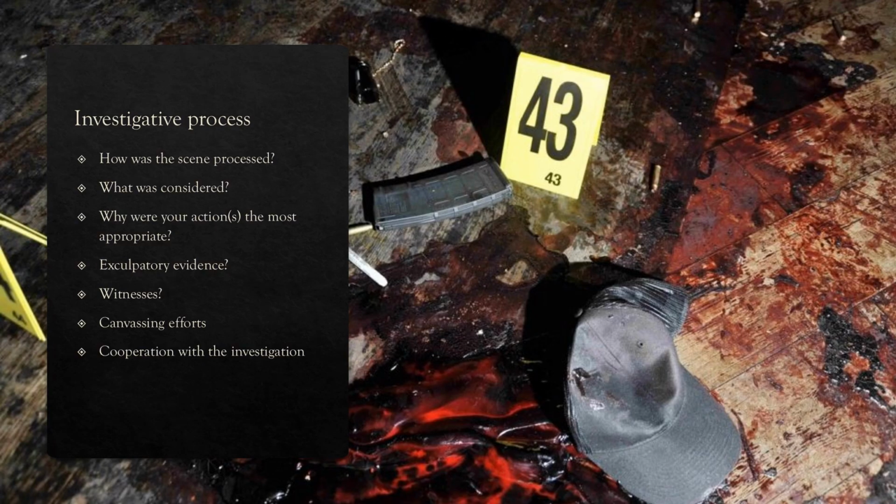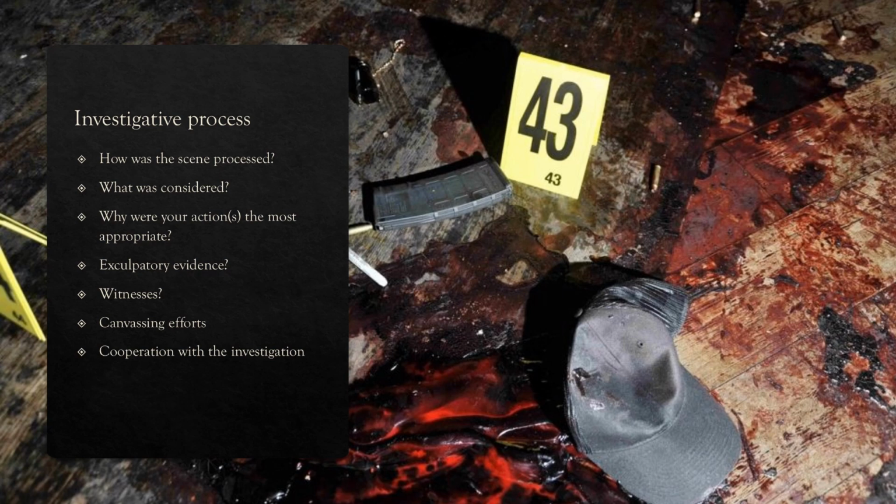So as we continue to look at the investigative process, things that need to be included in the report are basic investigative process information. How was the crime scene processed? What do the protocol and processes look like for that agency? Did the officer follow the agency guidelines in processing this scene?